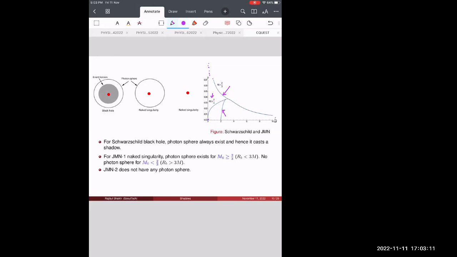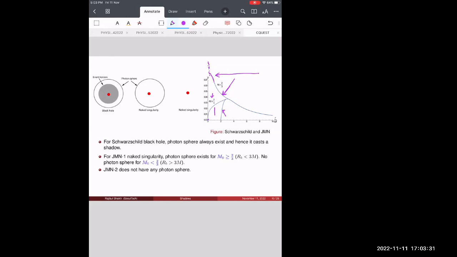Notice that in the diverging case, whatever the impact parameter of photons, all those photons will get refracted by this diverging potential. Therefore, there will be no capture of photons effectively.